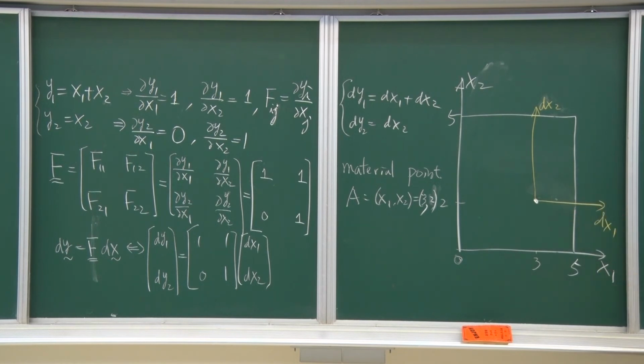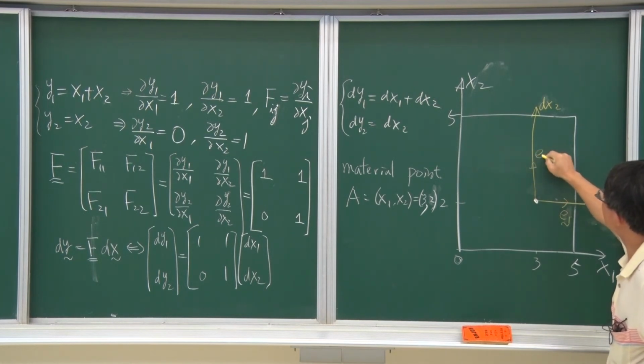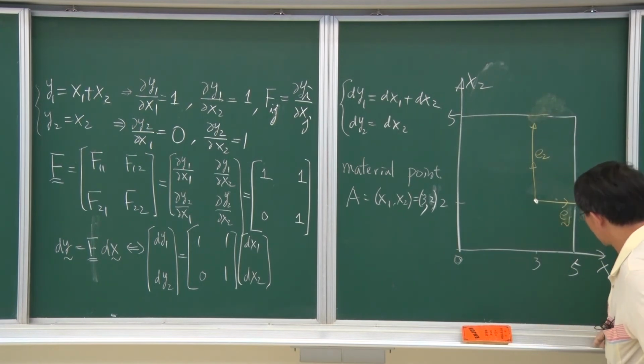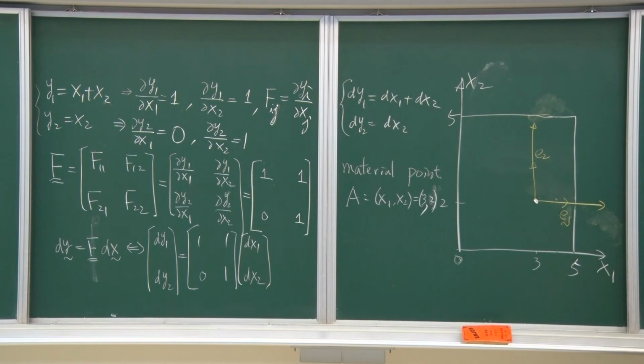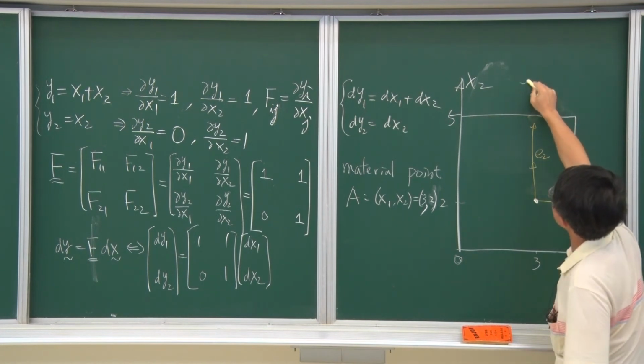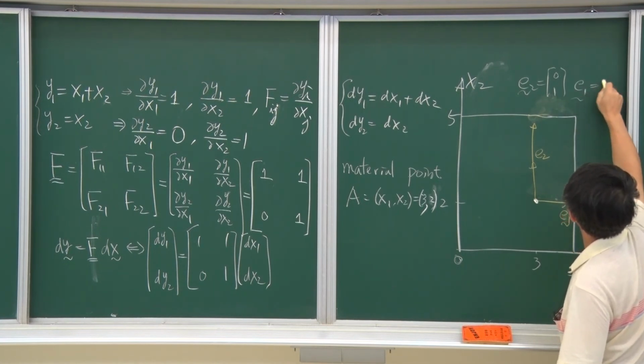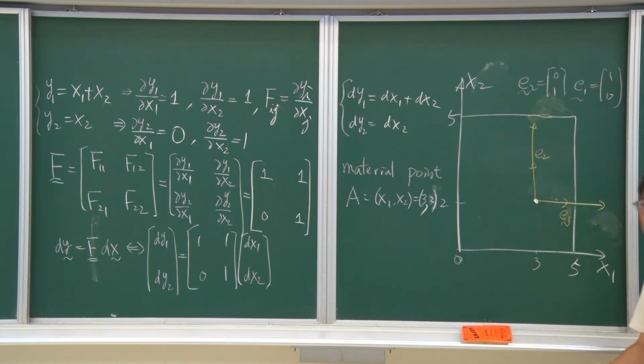But we introduce a local coordinate. We don't want to write x1 and x2 because they should be very small. We just use two bases, E2 and E1. Okay, and then you understand what they are.